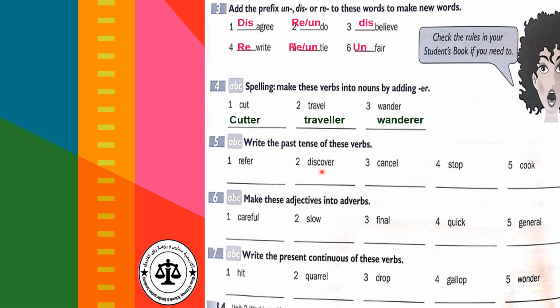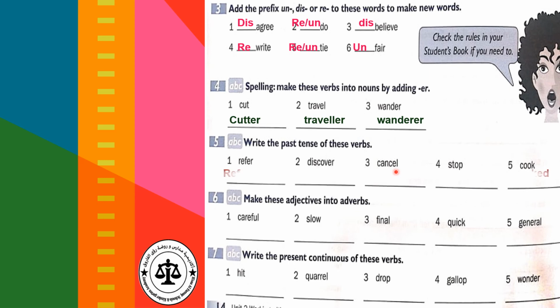This is discover. Yes, it changed to discovered without doubling the letter R. But refer, we have to say referred. Yes, we double the letter R. Cancel, cancelled.